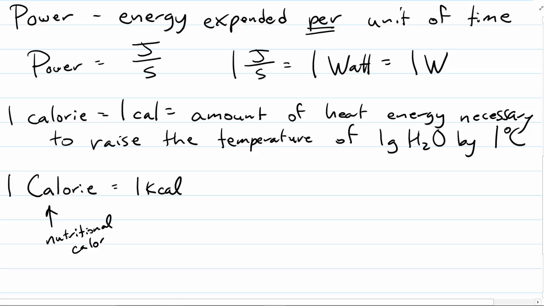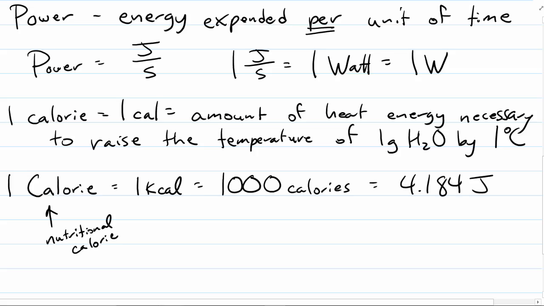So a nutritional calorie is a kilocalorie, which is the same as how many calories? 1,000 calories, exactly. This is the amount of energy necessary to raise the temperature of 1 kilogram of water by 1 degree Celsius. And by definition, this is equal to 4.184 kilojoules, because 1 calorie is the same as 4.184 joules.